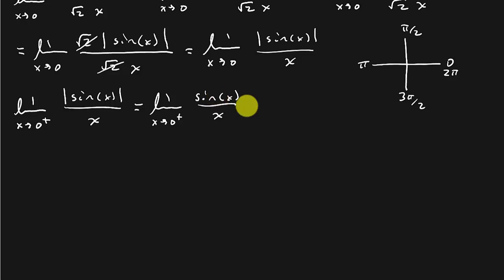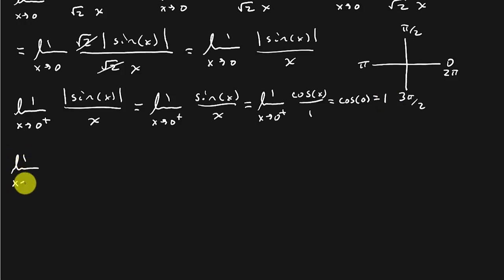It's positive. And so with this, the 0 over 0, we can apply L'Hopital's rule. So that's the limit as x goes to 0 from the right of cosine x over 1, which is cosine of 0, which equals 1.